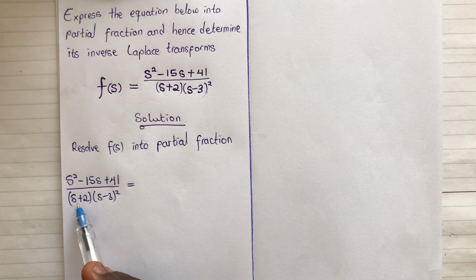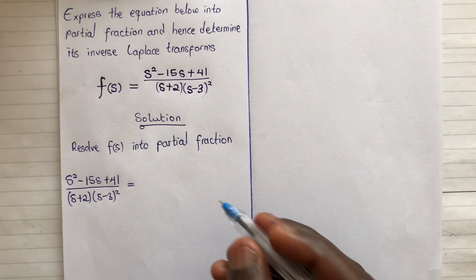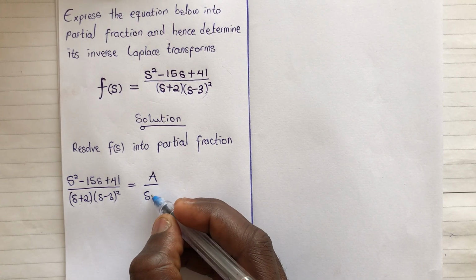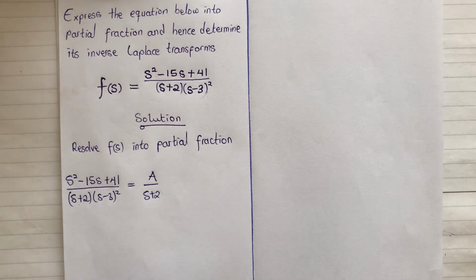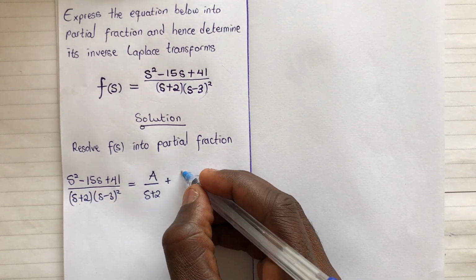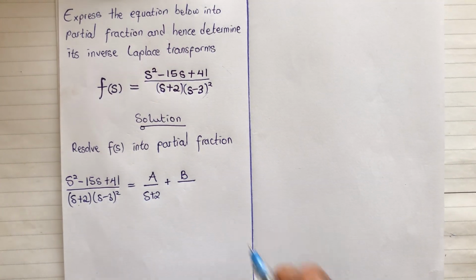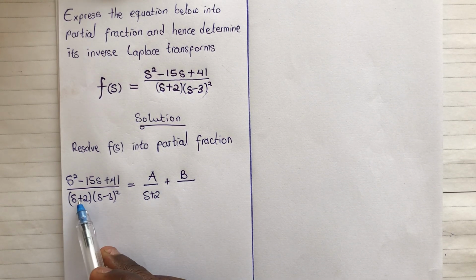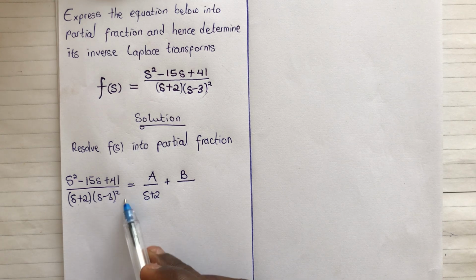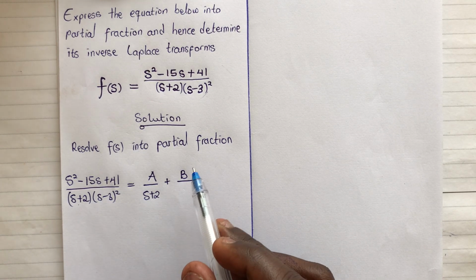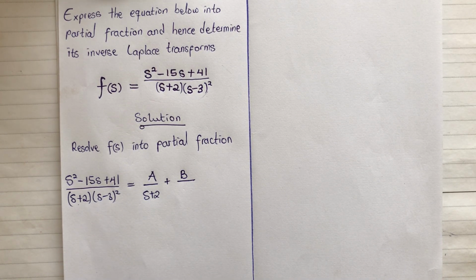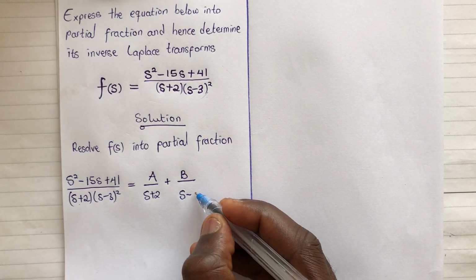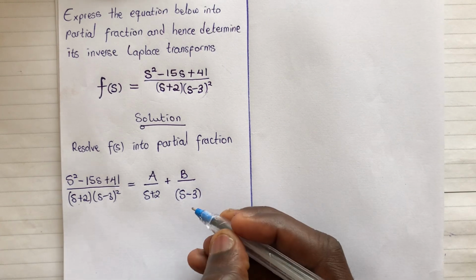First, we will start with the linear factor. All we do is have A over the same linear factor s plus 2, plus B over s minus 3. Remember that I used the first constant A for the first linear factor, so when I move on to this side, the constant should start from B and then move to C. Then we are not done.